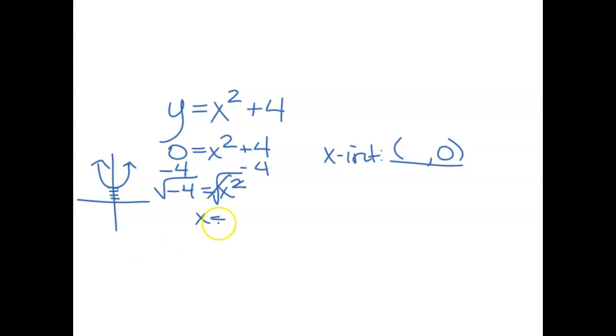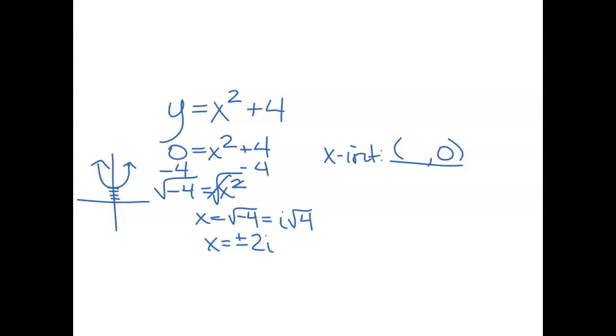And so this becomes the square root of negative 4, which is imaginary. Now, typically, whatever my answer is here, I would put it up here, right? But I don't write that, because in this case there isn't an x-intercept.